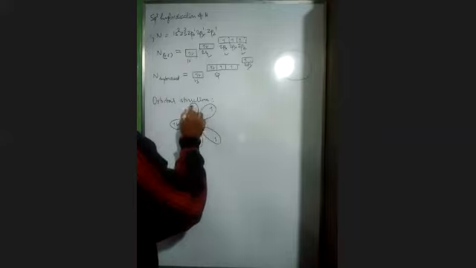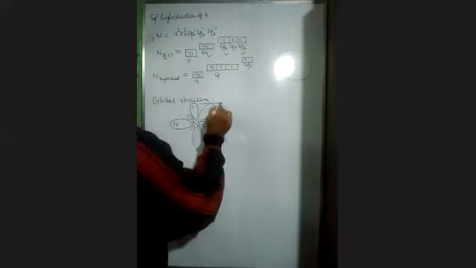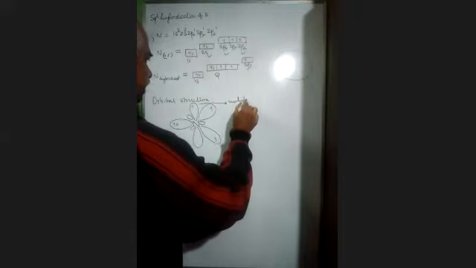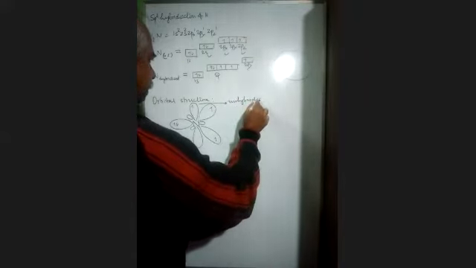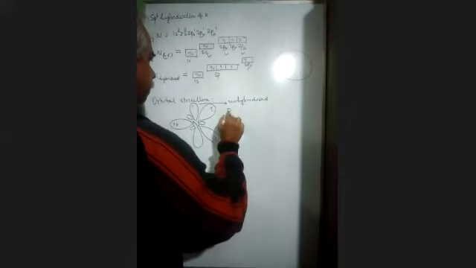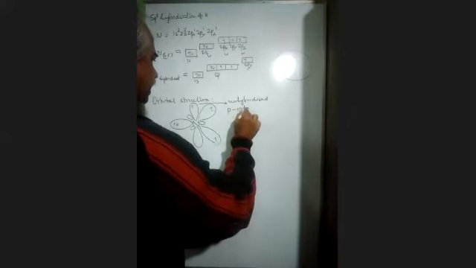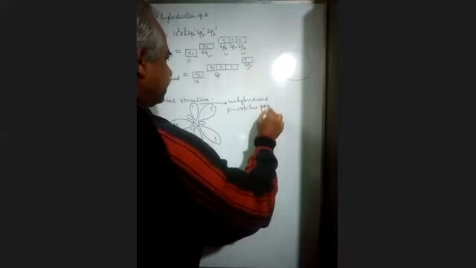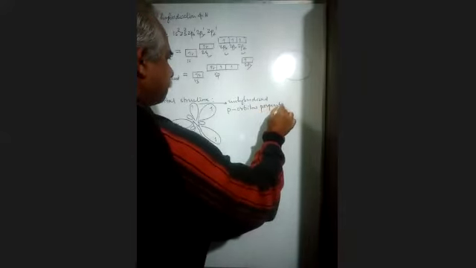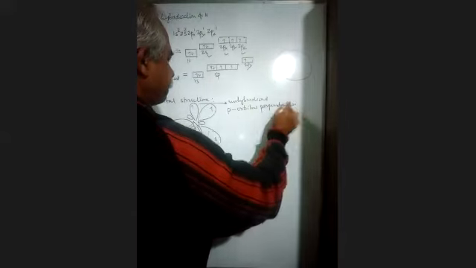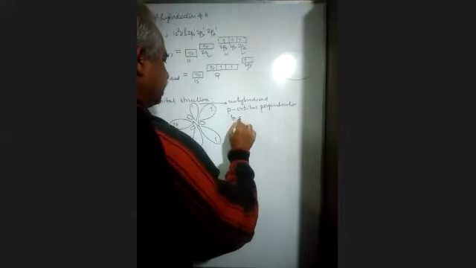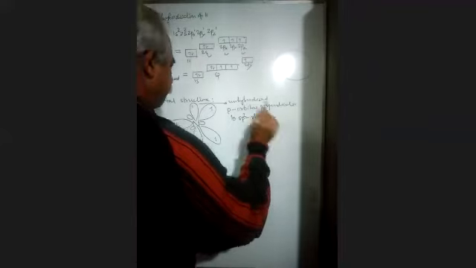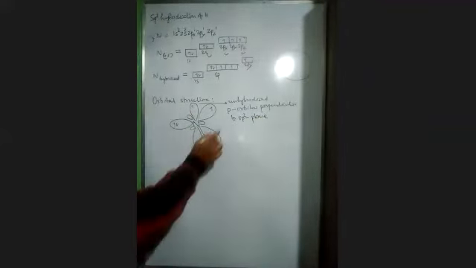Here I'll write unhybridized p orbital perpendicular to the sp2 plane. Okay, so this is the average.